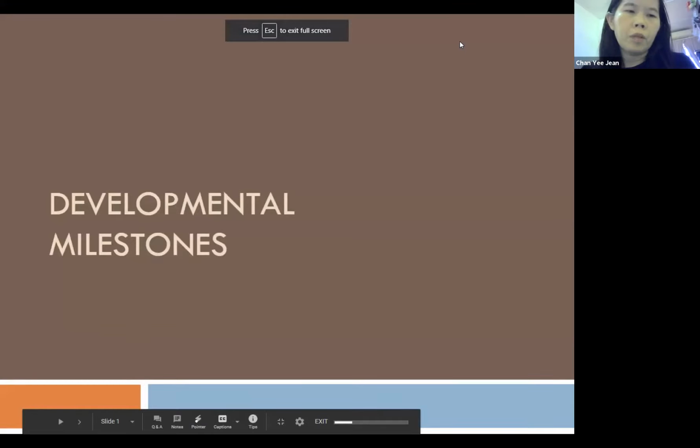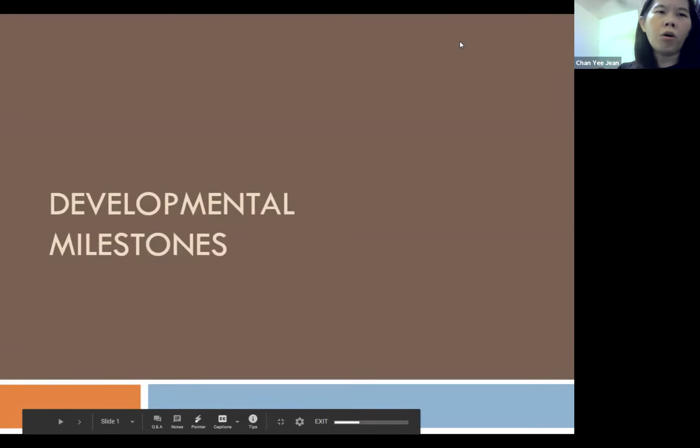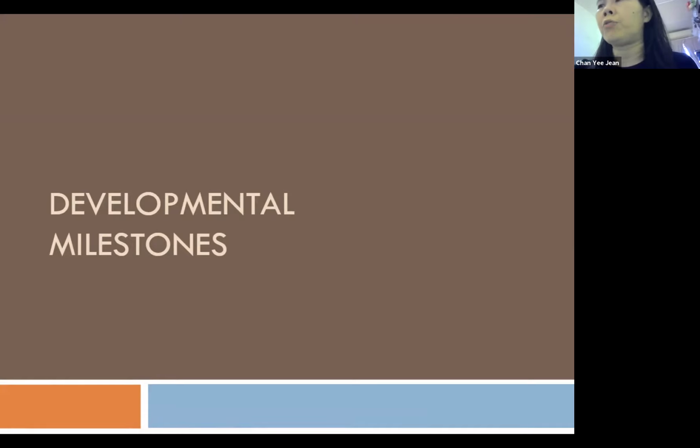Now, all the milestones you can get from your books, but in order not to confuse yourself, choose one book and stick to it, because usually the milestones will differ by about 1 or 2 months. If you try to memorize 2 or 3 books at the same time, you're going to get confused. So choose one book and stick to that book.